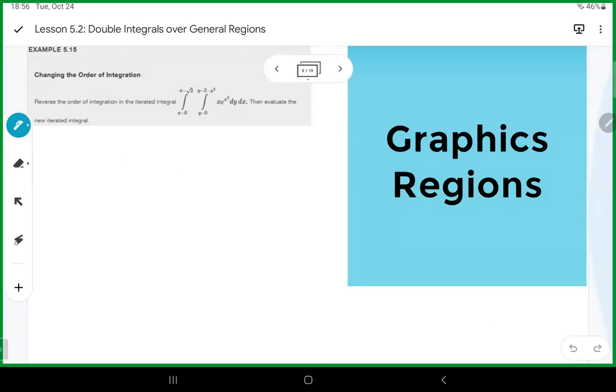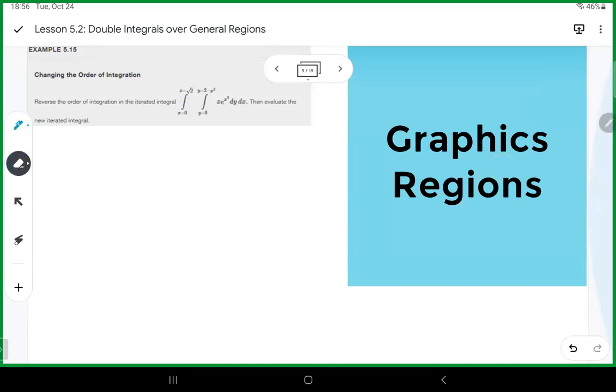Changing the order of integration: reverse the order of integration in the iterated integral, then evaluate the new iterated integral. So we can see from the limits of the integration that the region is bounded above by y equals 2 minus x squared and below by y equals 0, where x is in the interval from 0 to the square root of 2.